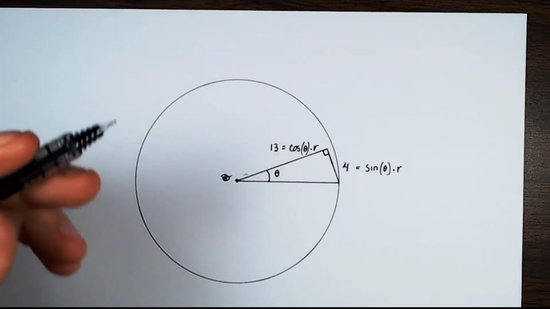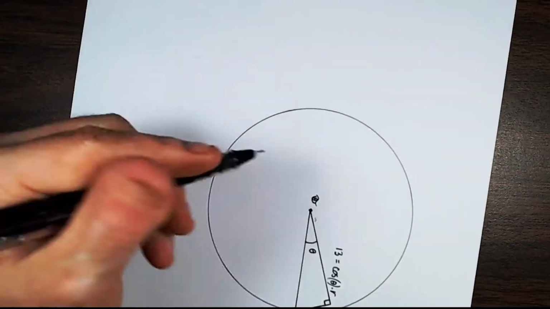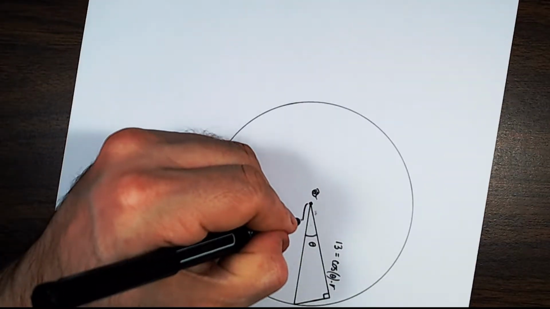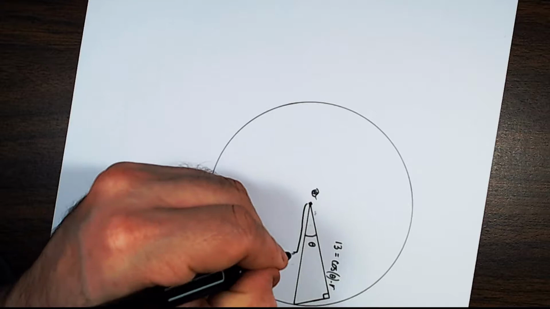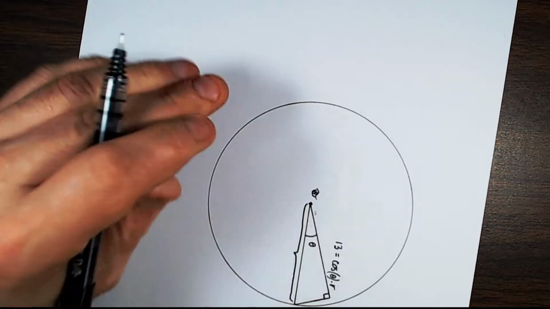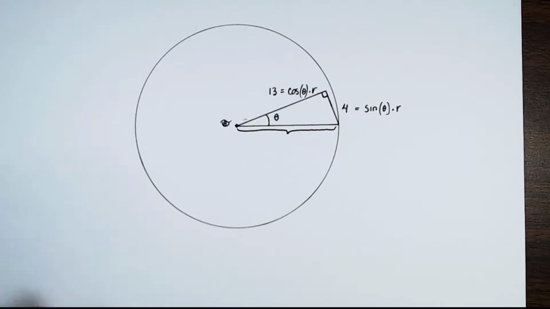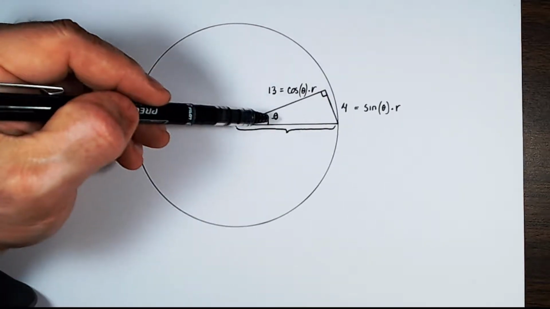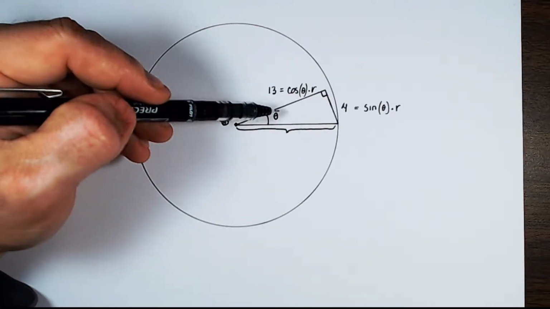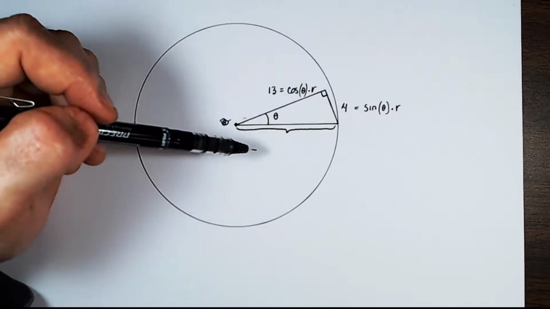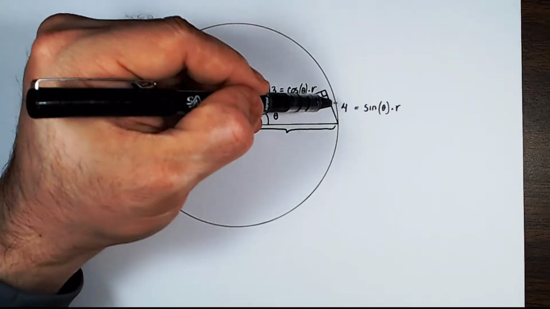So it would be very helpful if we could discover what this hypotenuse length is. I don't need to do that in order to find out what this angle is, and I'll tell you why in a moment. But it would be nice, and it is possible since we have both sides.